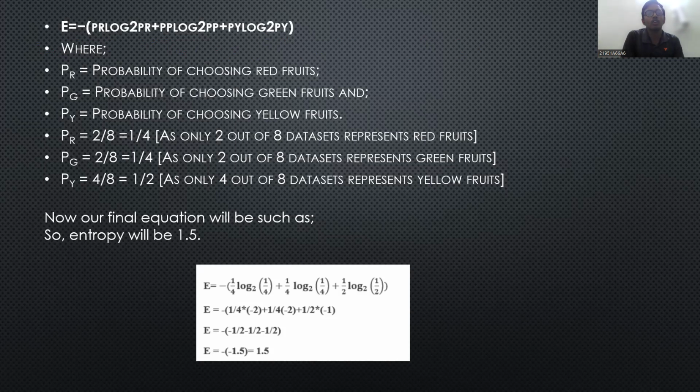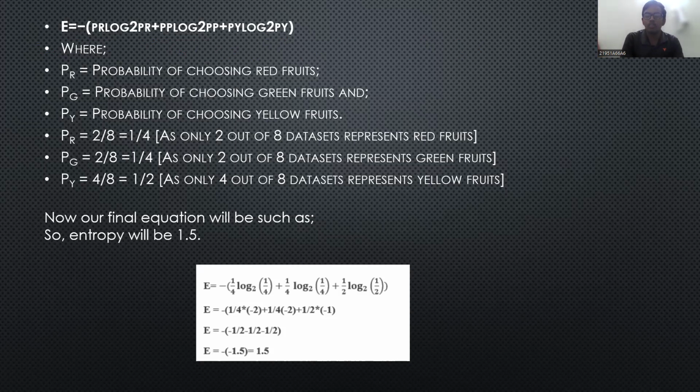PR is equal to 2 by 8, which is 1 by 4, as only 2 out of 8 observations represent red fruits. PG is equal to 2 by 8, which is 1 by 4, as only 2 out of 8 observations represent green fruits.